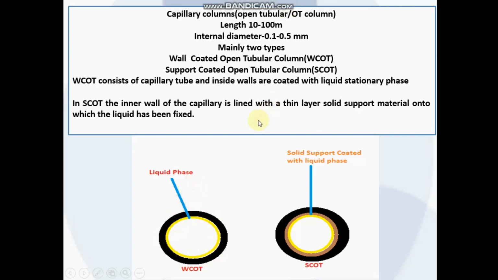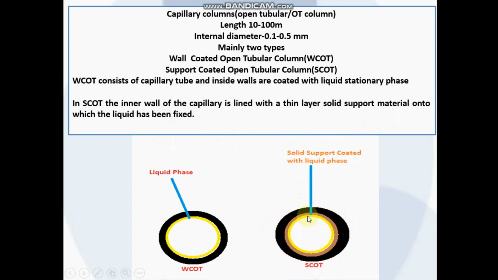In SCOT, the inner wall of the capillary is lined with a thin layer of solid support material onto which the liquid or stationary phase has been fixed.